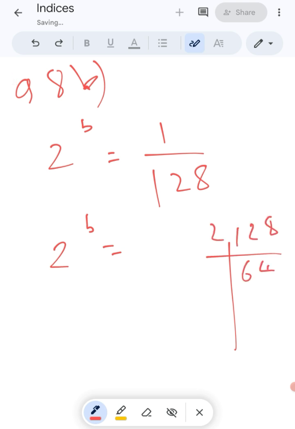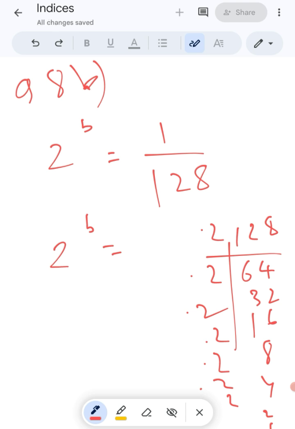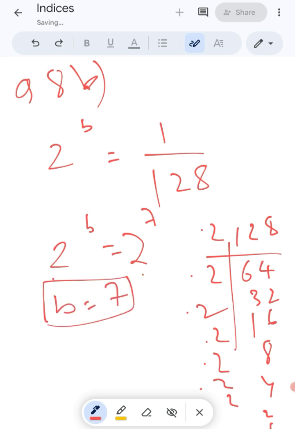Now how many 2's am I getting? 1 2 3 4 5 6 7, right? So I will be writing it down 2 raised to the power 7. Now, as the bases are the same, I can simply put the powers as my final answer. B is equal to 7. Moving on further.